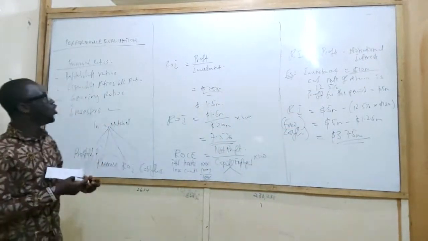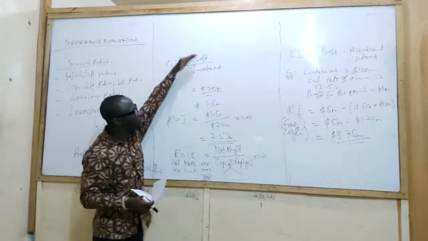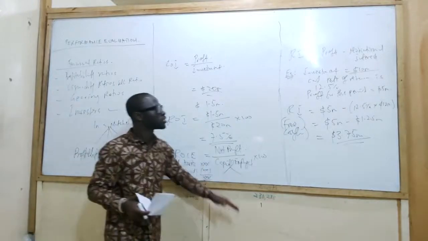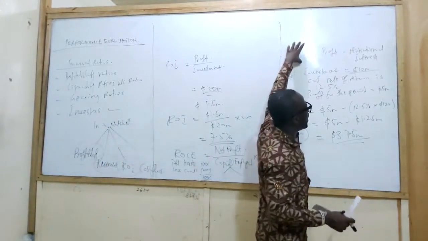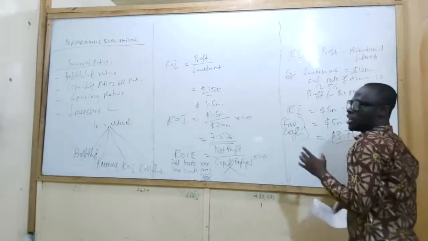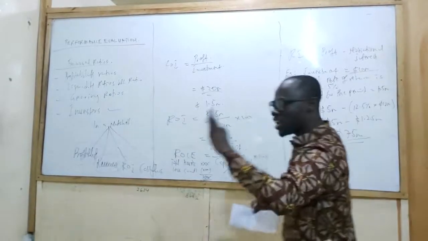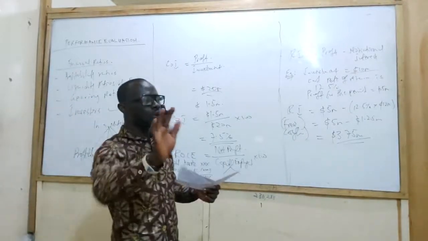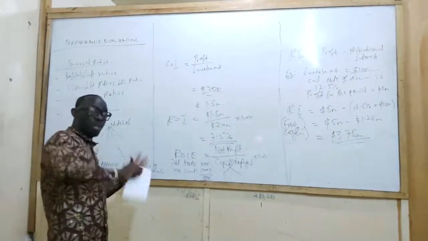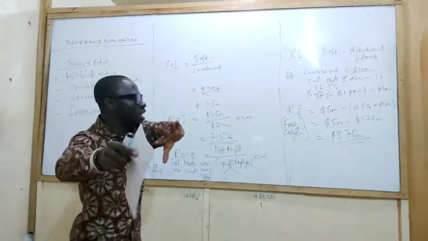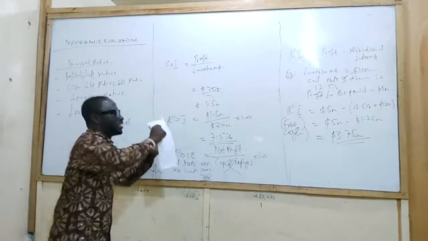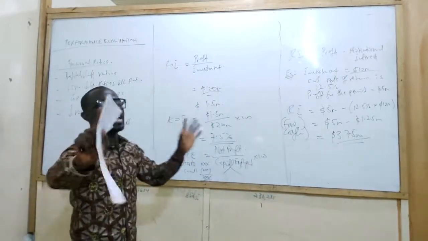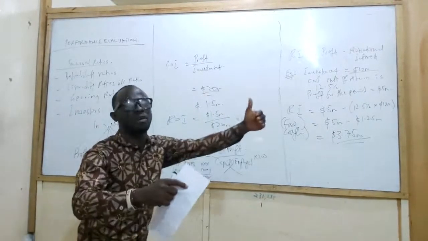So, ROI is profit over investment. ROCE is profit over capital employed. RI, residual income, is profit minus notional interest. All of these are financial performance measurements for divisions. This is what may happen in the exam hall: you will have 3 divisions, and the examiner will ask you to assess their performance.